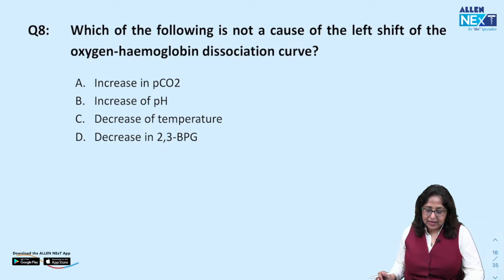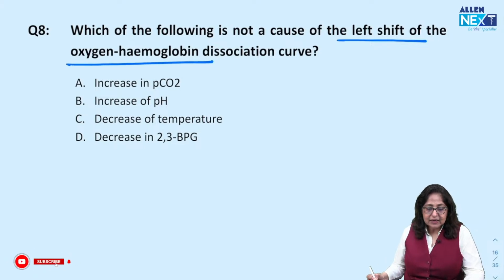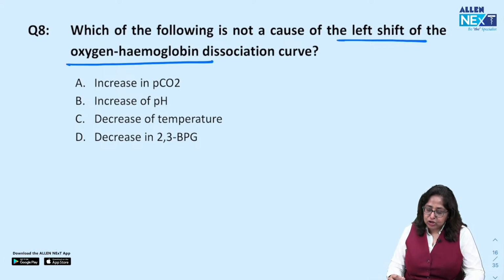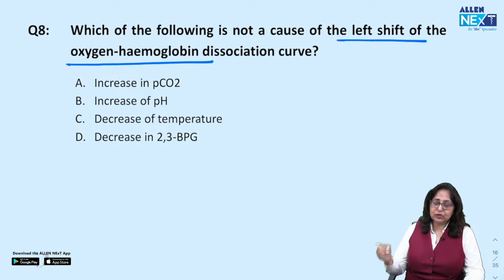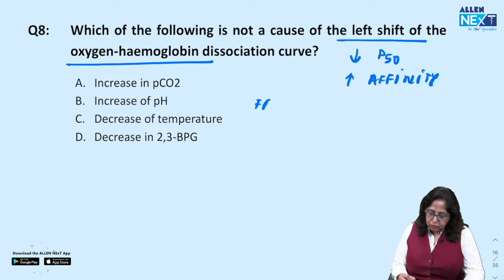Which of the following is not a cause of the left shift of the oxygen hemoglobin dissociation curve? Now, what are the causes for left shift? Whenever the curve shifts to the left, there is a decrease in P50 and an increase in affinity. And how do I remember that?